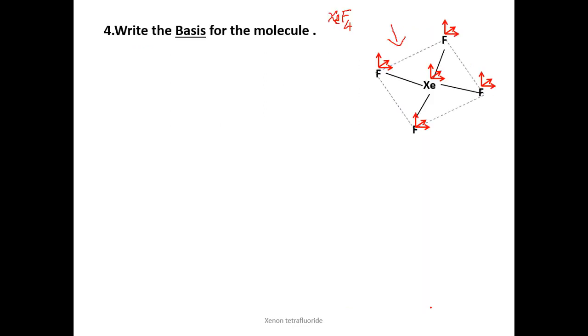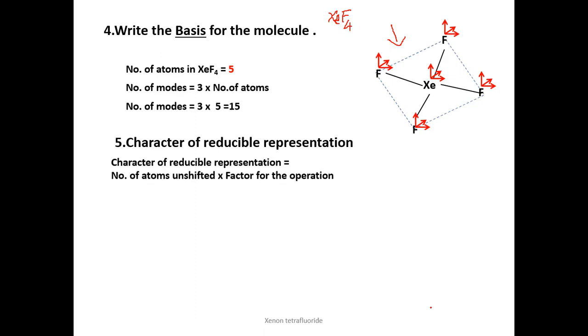For every symmetry operation, the number of atoms unshifted is found out, and from the number of unshifted atoms we get the character of the reducible representation by multiplying it with the factor for the operation.